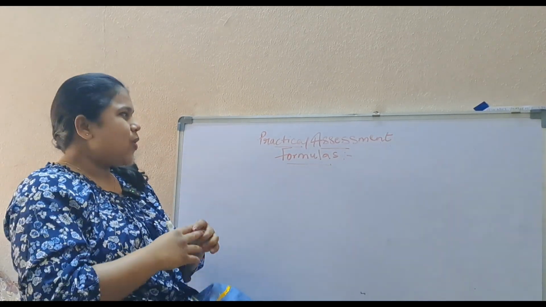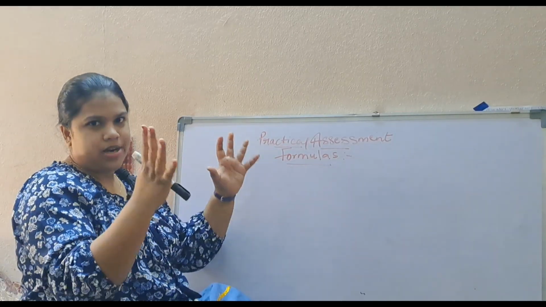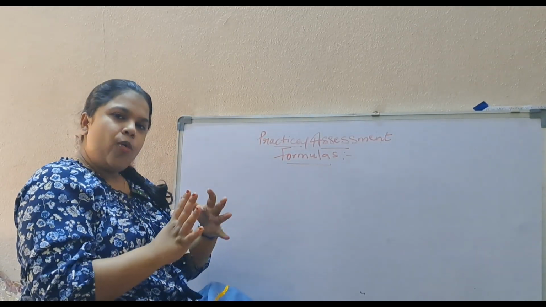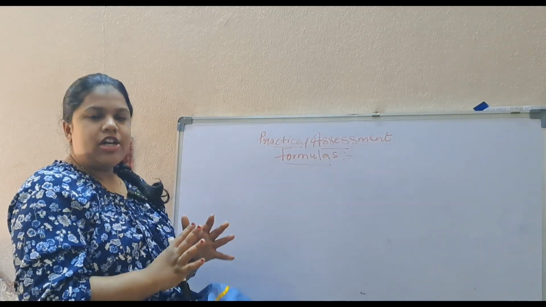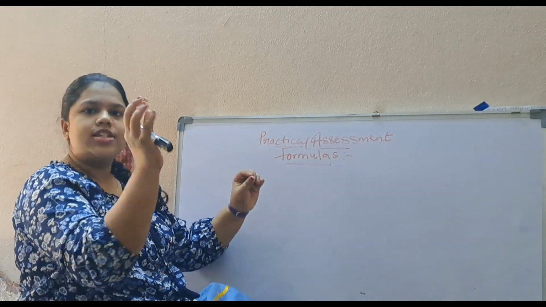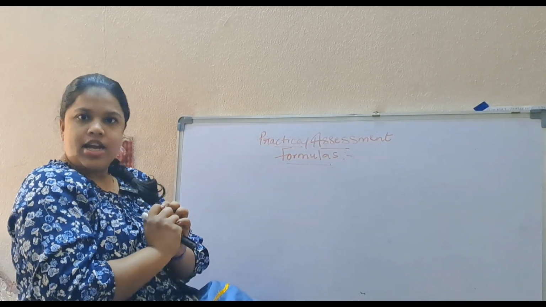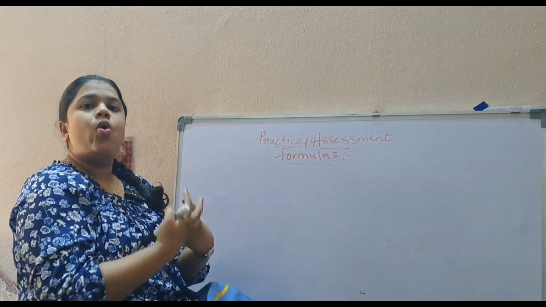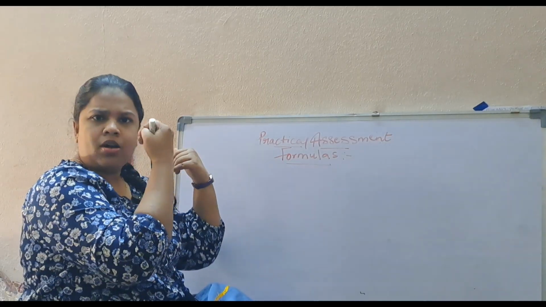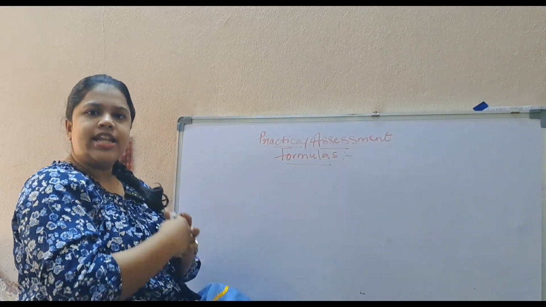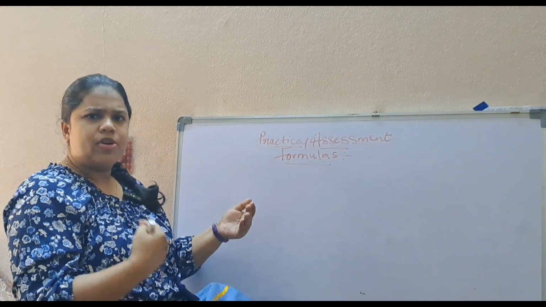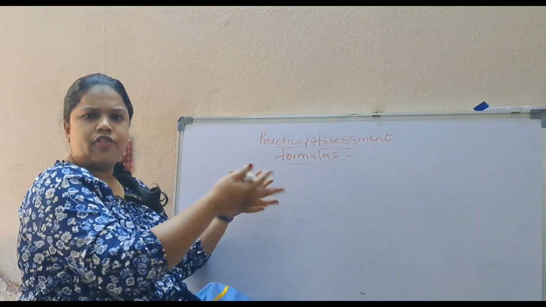Today's topic is practical assessment formulas. For the pre-assessment, if we are handling an individual, the first thing we do is collect his past history and personal details, like age, name, and occupation, which is very important if you are giving a diet.